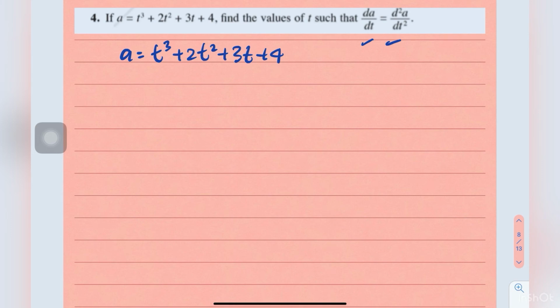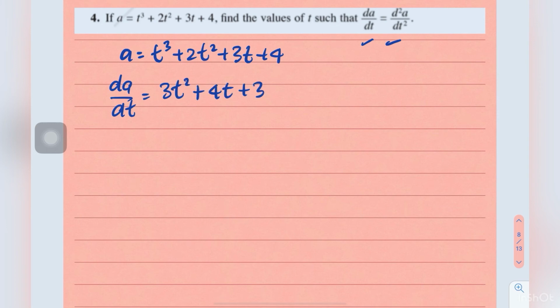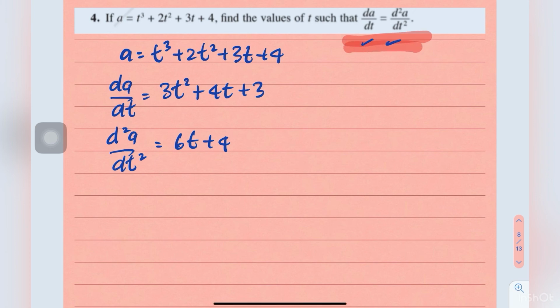We differentiate once, we get dA/dt equals 3t squared plus 4t plus 3. For d squared A/dt squared, you differentiate another time, you get 6t plus 4. Given dA/dt equals d squared A/dt squared, you just equate these two.